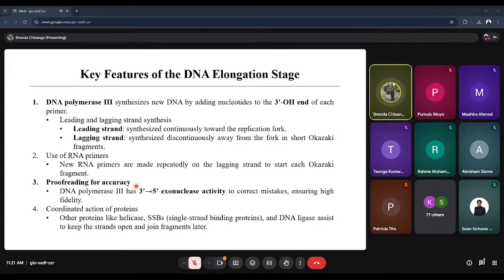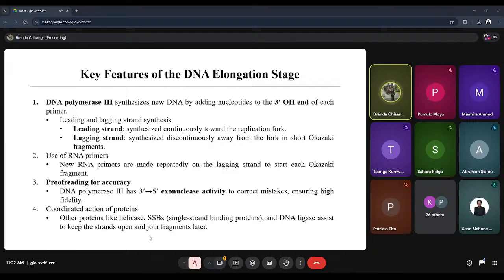This correction is performed by DNA polymerase 3 using what is referred to as a 3' to 5' exonuclease activity. I'll explain this later. For now, maybe we can just leave it there. Also, this process of elongation is coordinated by the helicase, because we need the hydrogen bonds to be unwound. We need a single template. The SSBs help stabilize the DNA.